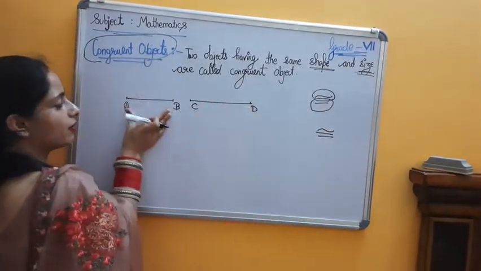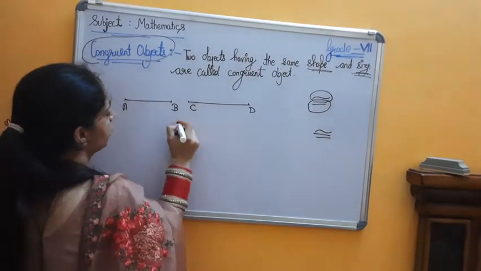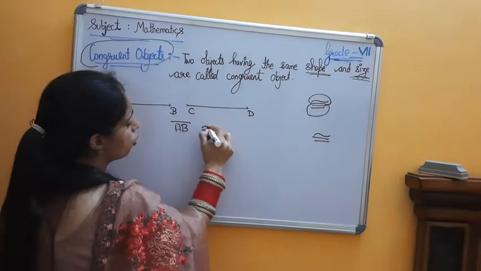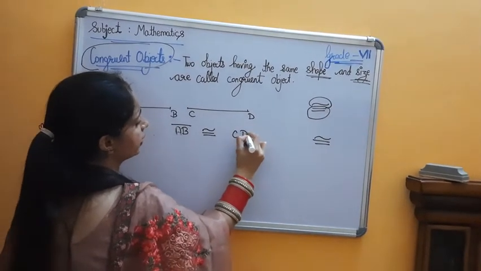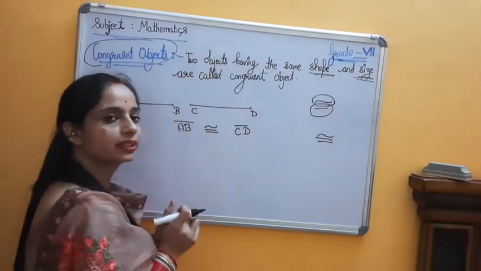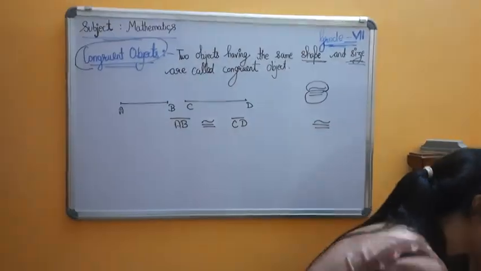If this one is 5 centimeter, this is also 5. So we will write line segment AB is congruent to line segment CD. This bar represents the line segment.